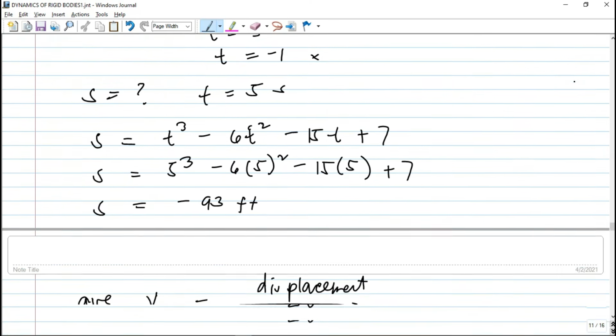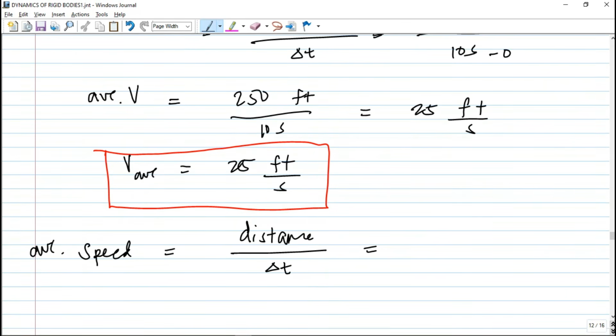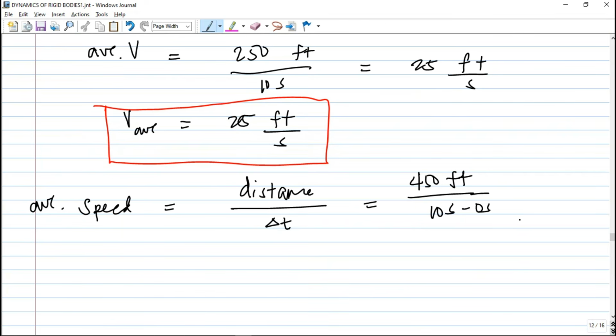So 450 feet divided by 10 seconds minus 0 second yung ating initial time. So 450 feet divided by 10 seconds, average speed is equal to 45 feet per second.